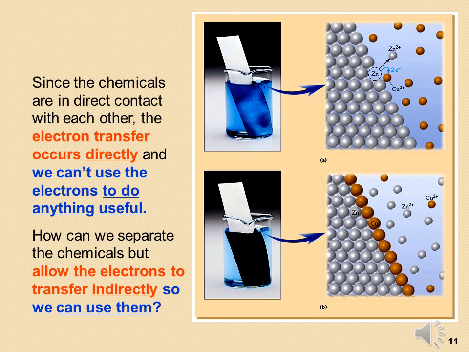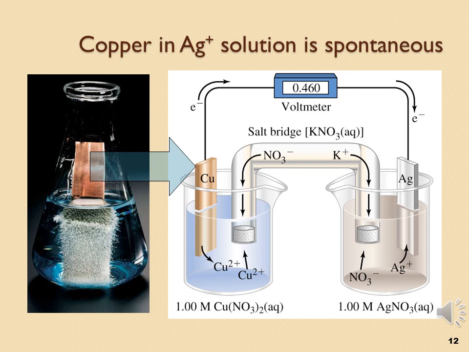How can we separate the chemicals but allow the electrons to transfer indirectly so that we can use them, as we've seen in our virtual experiment? It is possible to separate the solutions and use the electrons to produce useful work.